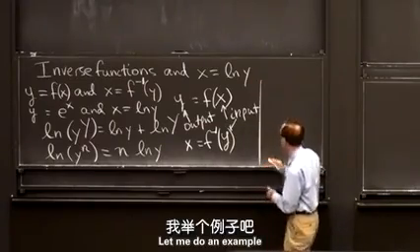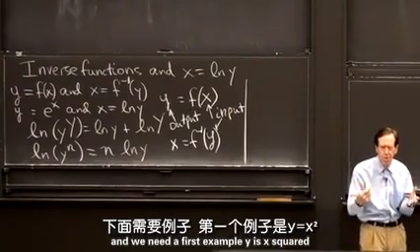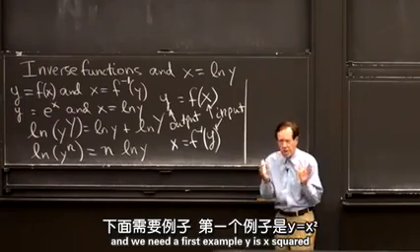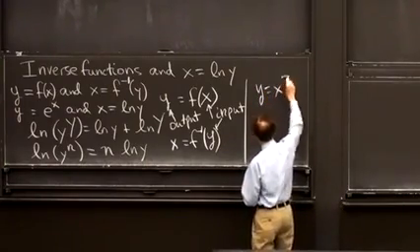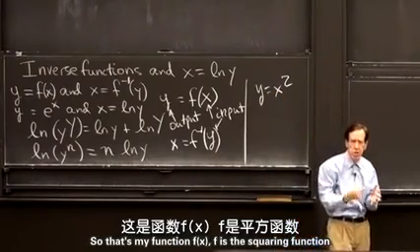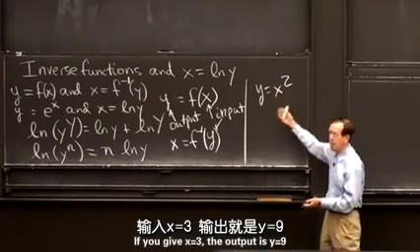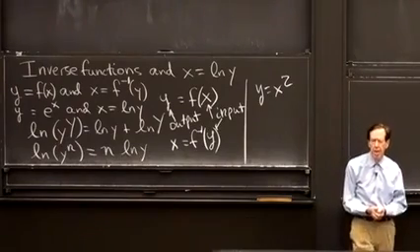Let me do an example, because that's letters, and we need a first example. Y is x squared. So that's my function f of x. F is the squaring function. Okay? If you give me x equal 3, the output is y equal 9.